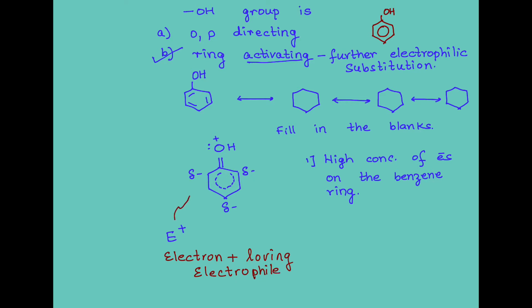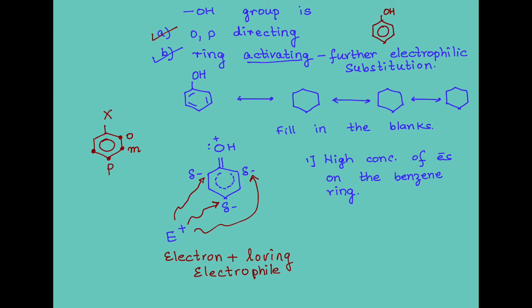So what are those negative centers? With respect to the OH group, these are the ortho and the para positions. So if you have the benzene ring and there is a substituent already present, the first position next to it is the ortho, the second position next to it is meta, and the third position, directly opposite to it, is para.